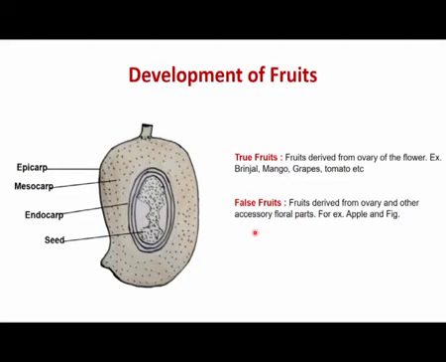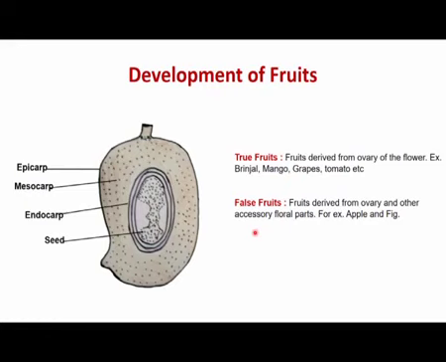A true fruit is formed as a result of cell division, expansion and differentiation in the ovary. The ovary is transformed into a fruit as a result of stimuli received from the pollination as well as from the developing seeds.